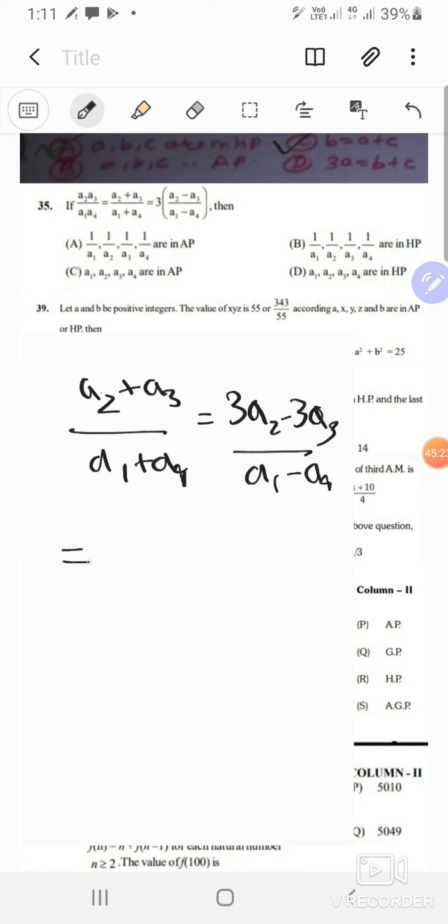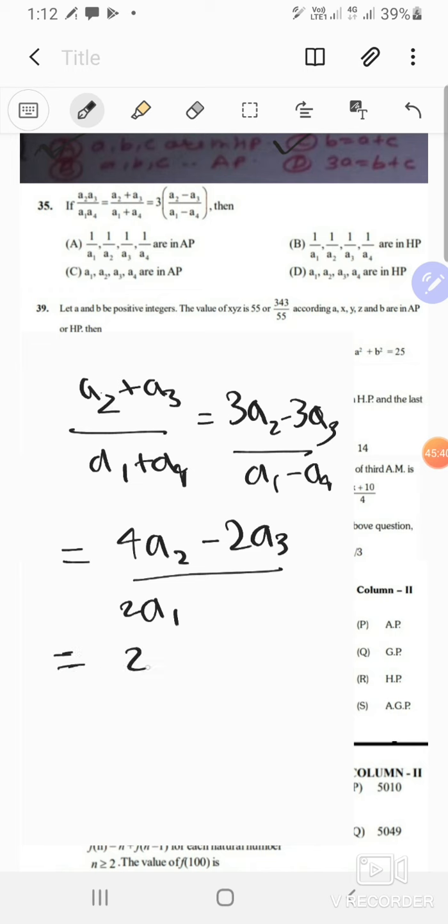So if we apply theorem on equal ratios on this thing, let's add them. So that will give me 4a2 minus 2a3 upon 2a1, and this thing is 0, so that's gone. That's going to be equal to 2a2 minus a3 upon a1.